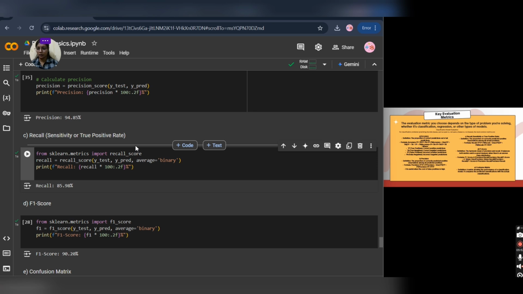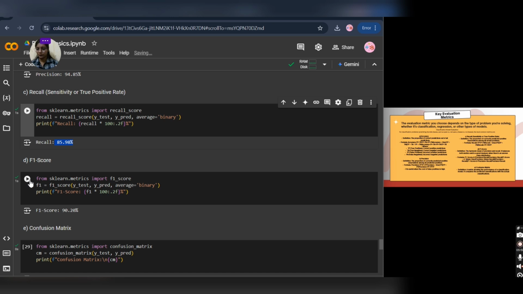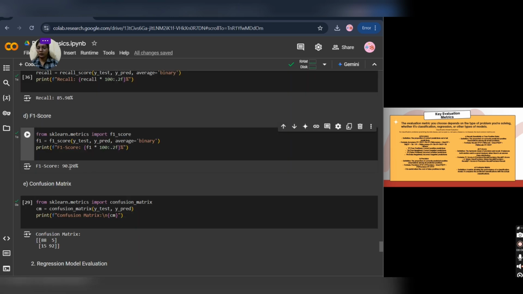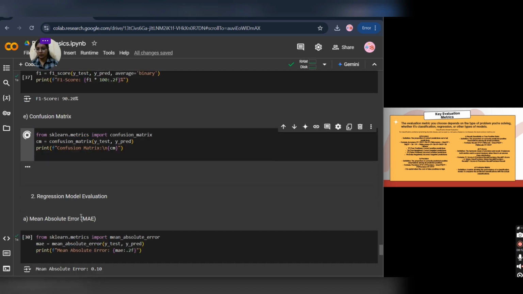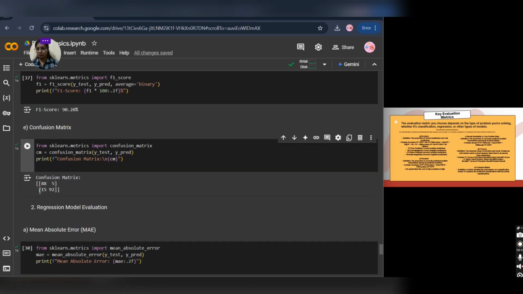Let us run the code for recall, and the recall is 85.98% for the predictive model, and the F1 score is calculated as 90.20%. And the values for the confusion matrix for the same will be 85, 5, 15, and 92.